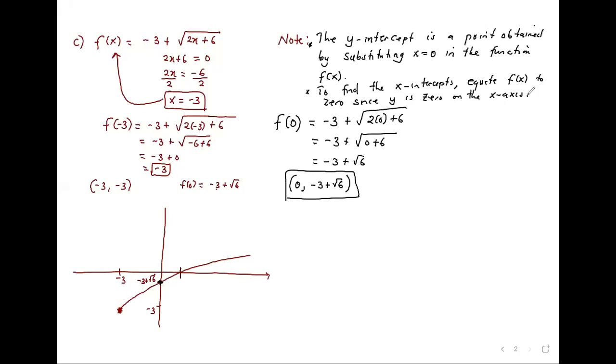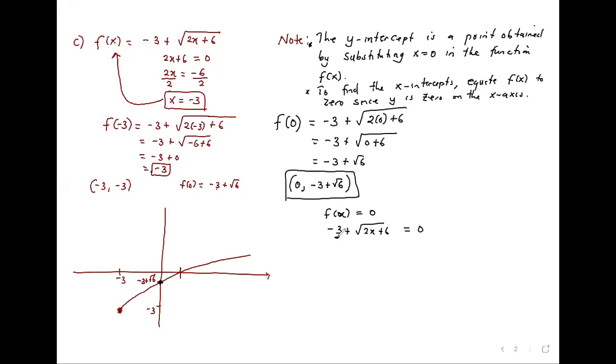So you go to the function f of x and equate it to 0. So what is f of x? It is -3 plus root of (2x plus 6) is equal to 0.